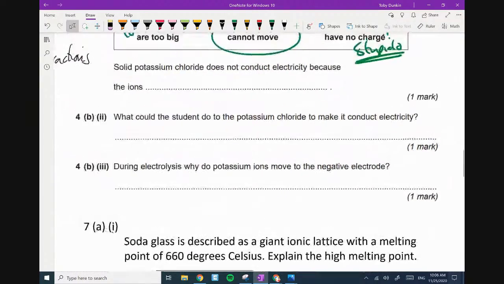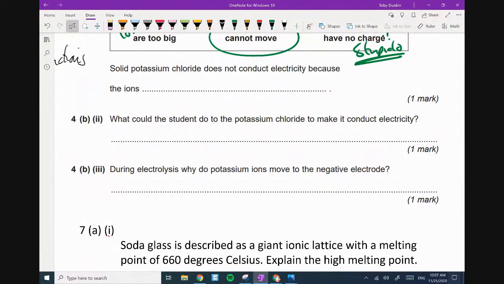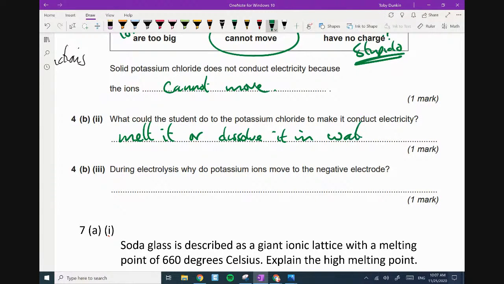Fine. During electrolysis, why do potassium ions move to the negative electrode? On the chat. Opposite charges attract.